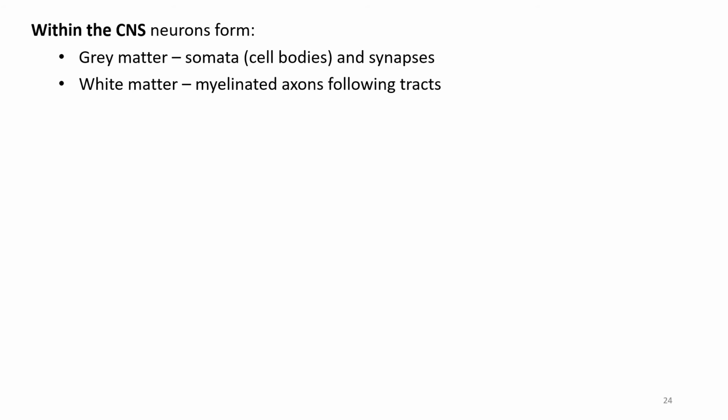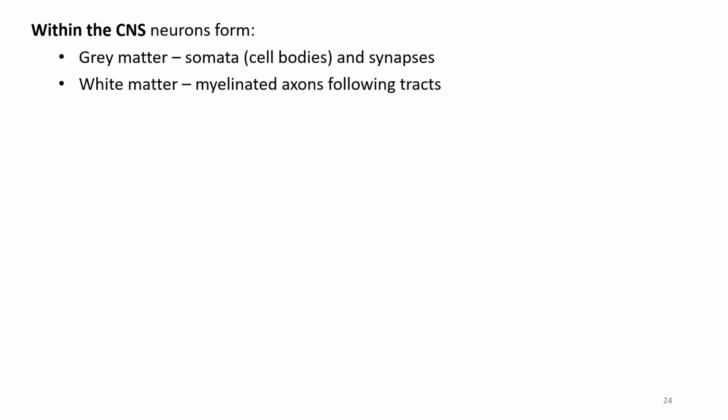The white matter is about axons. It's about the long stretch that propagates the action potential along the length. So we have white matter and grey matter. And the reason it's white is because most of those axons are myelinated. And myelin is a bit white.